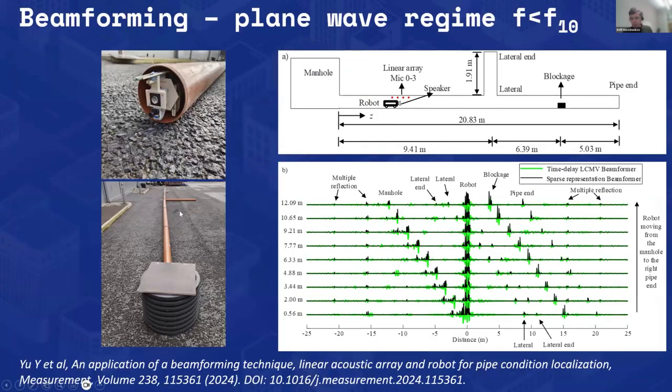Previously I mentioned that we used all these things on the circular array, but we realized that in some modifications of the robot, it's nice to use a linear array. So in this case, we developed similar algorithms to be used on an array of microphones attached to the top of the robot or on the side of the robot.